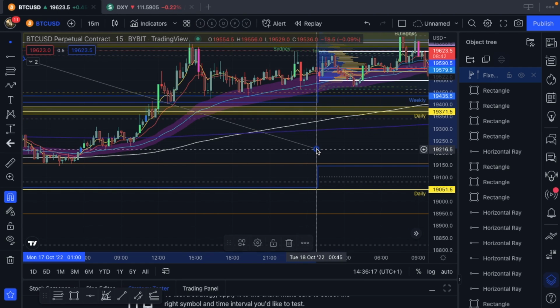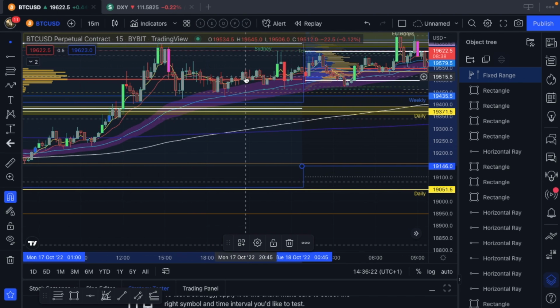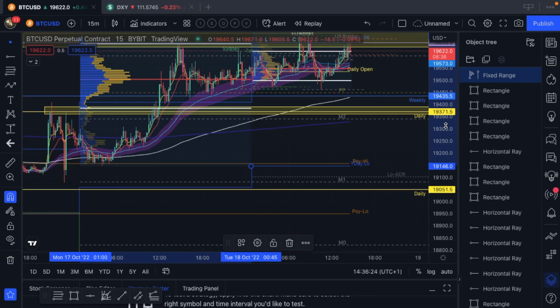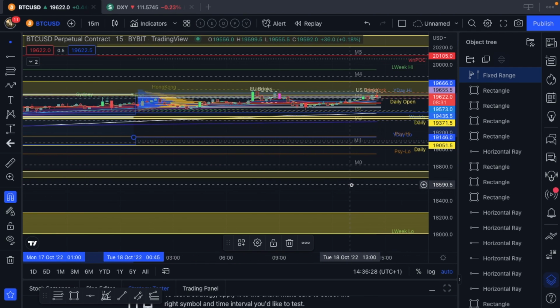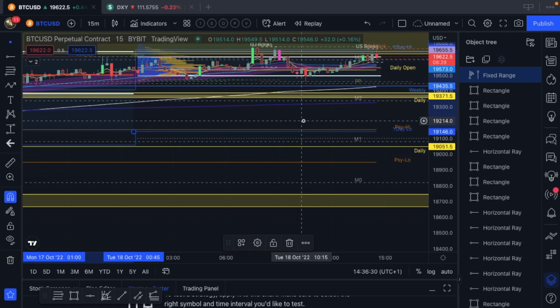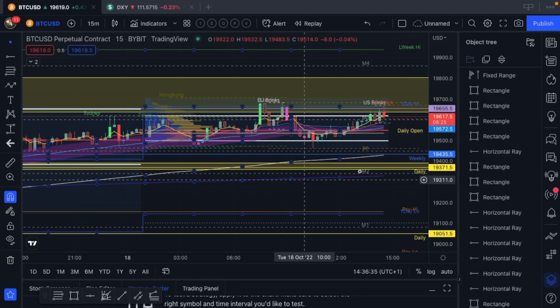So we then established this as our value area high. Pardon me, guys.